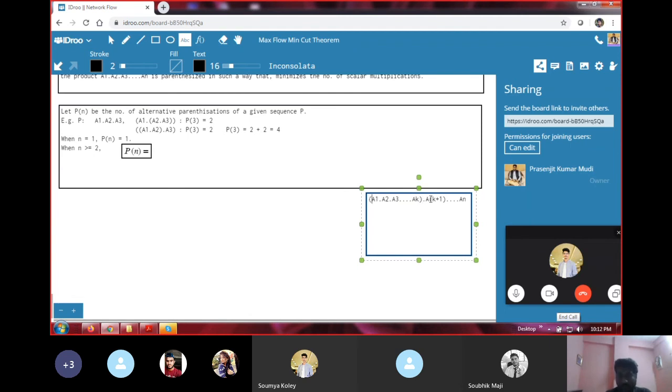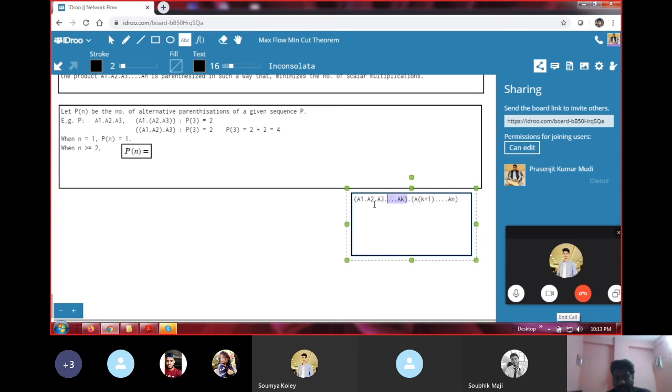So I can consider the problem like this. The overall matrix product can be viewed as the product of this subsequence and this subsequence.